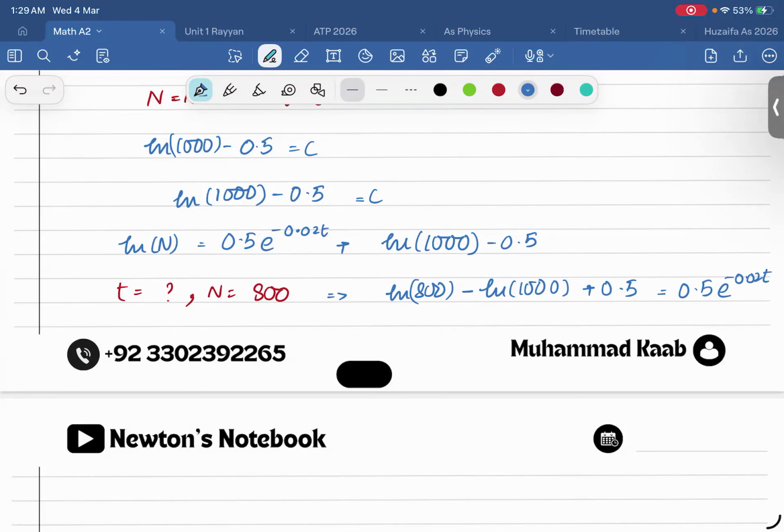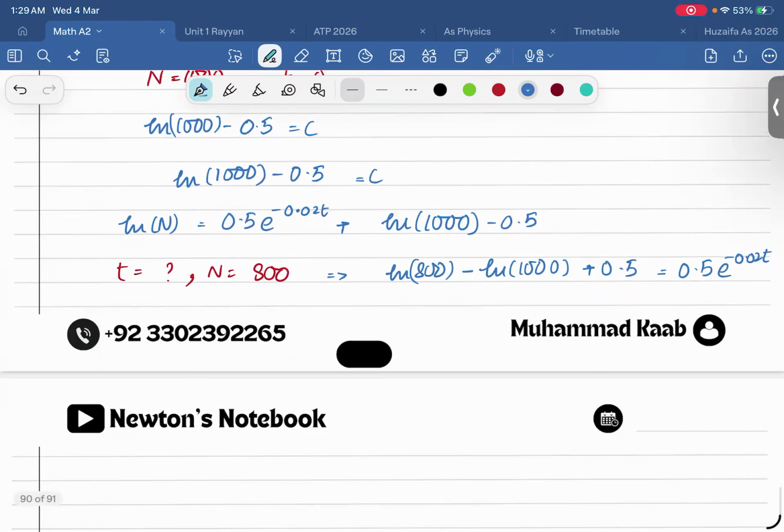So putting it into the calculator: ln 800 minus ln 100, ln 1000, plus 0.5. Then divide the answer by 0.5, take ln of the answer, then divide by 0.02 with a negative sign. So I'm getting 29.5. Yes.